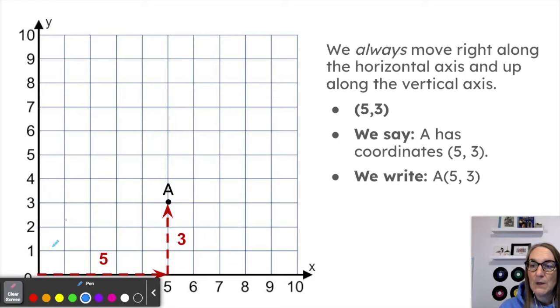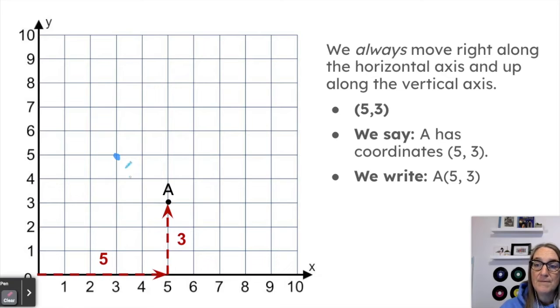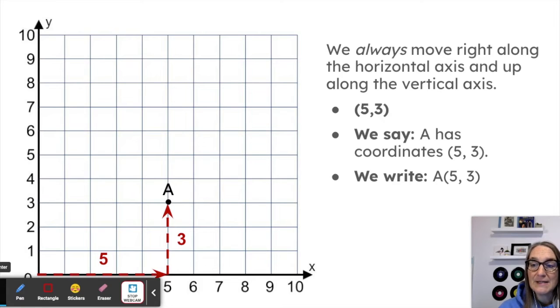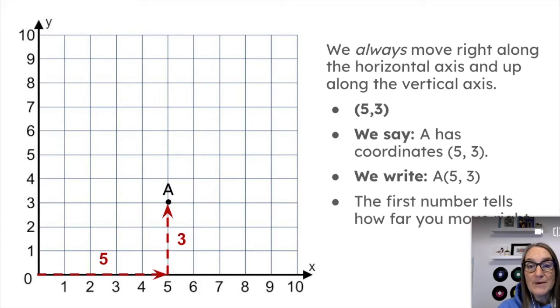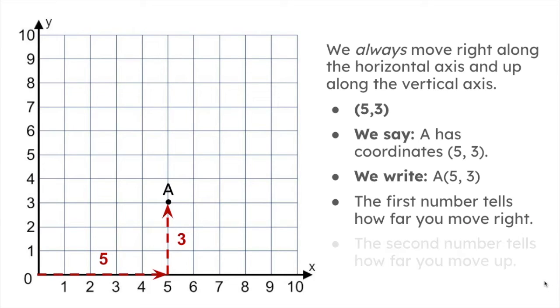We don't go to 5 up first and 3 second. That point would be actually (3, 5). As you can see, it's a much different point than our actual point A. So we've got to be careful that we don't get those mixed up. The first number always tells you how far you move right, and the second number always tells you how far you move up. That's a little quick review there.